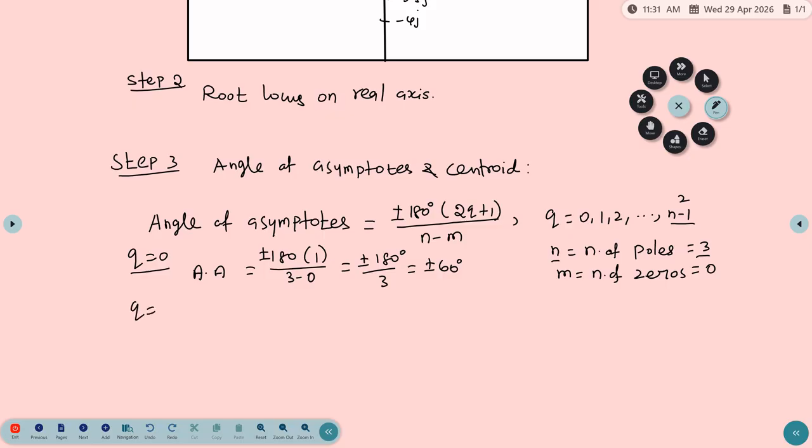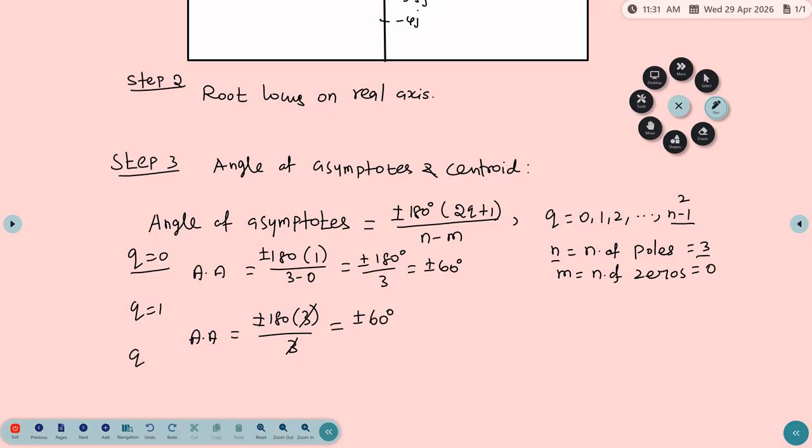If q equal to 1, then the angle of asymptotes is equal to plus or minus 180 into, substituting q equal to 1, 3 divided by 3. So we can cancel 3 with 3, which is equal to plus or minus 180 degree.